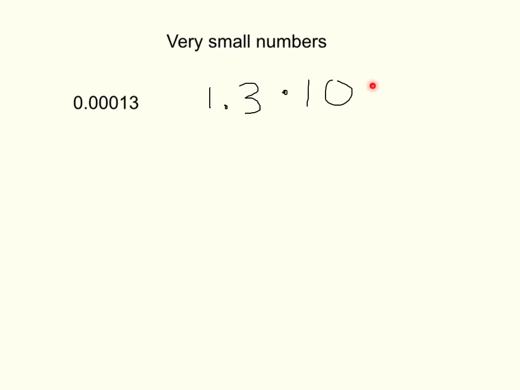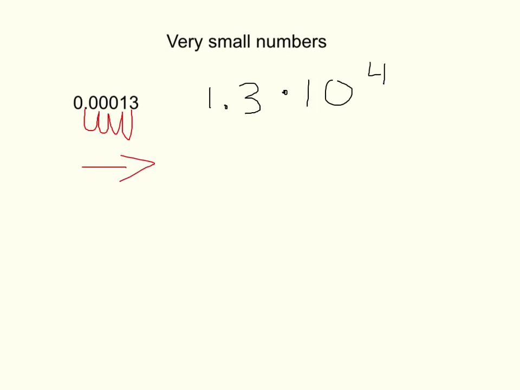Our decimal place moved 1, 2, 3, 4 times. So that would make our exponent 4. But you may have noticed this time we moved our decimal place right instead of left.